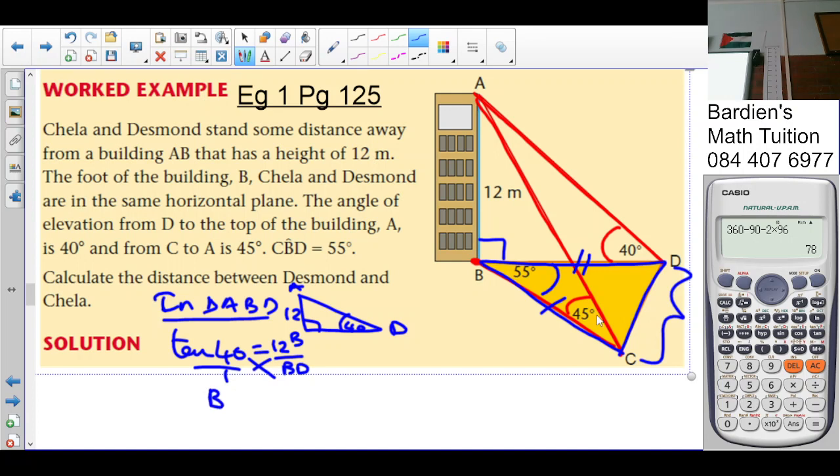So BD tan 40 is equal to 12, so BD is 12 over tan 40. I put that in the calculator: 12 over tan 40. That gives us 14.3.